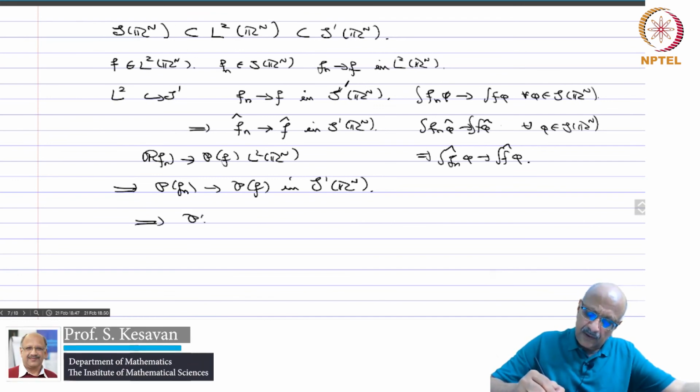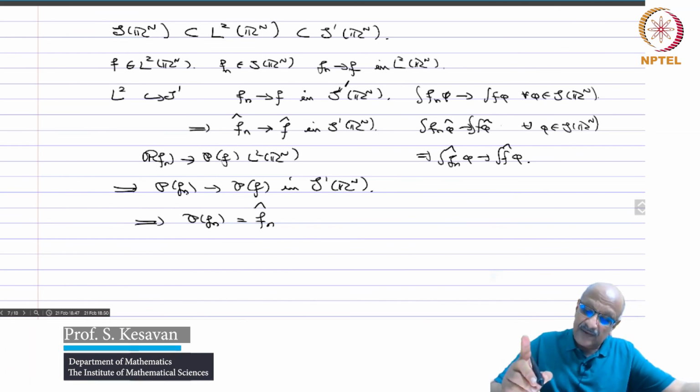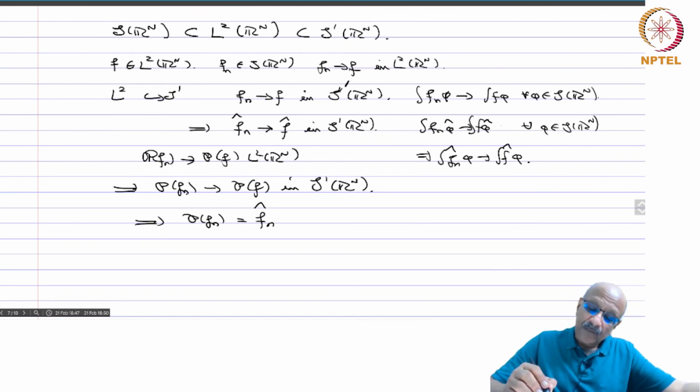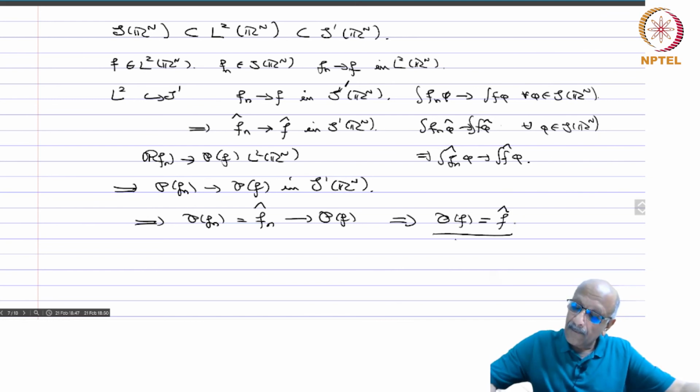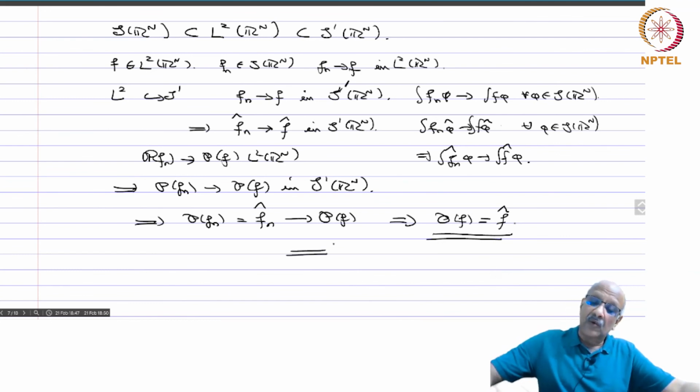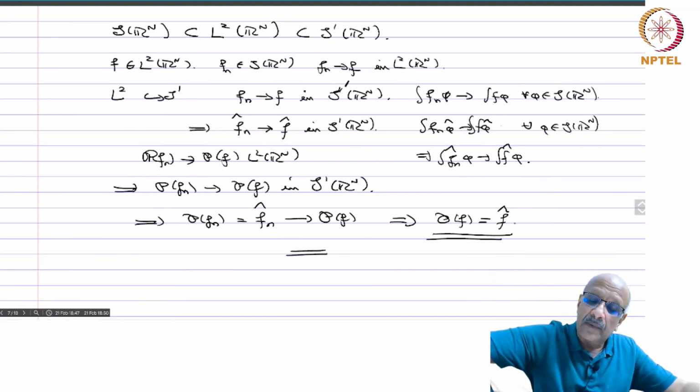P of Fn equals Fn hat, because Fn is in S, and the Fourier transform agrees with P there. Therefore P of Fn, which is the same as Fn hat, goes to P of F in S dash of Rn. So this implies, since the limit is unique, that P of F equals F hat. So that settles it. We will stop here. We will now do some more exercises before coming to an end in this chapter.